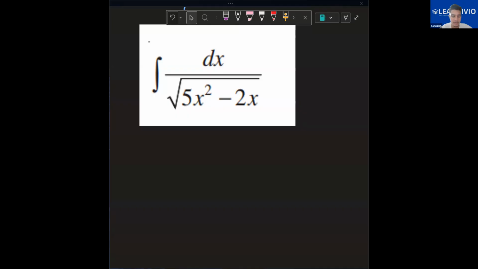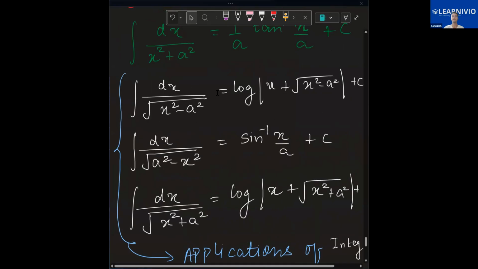This is all done just to get you into the form x square minus a square. Only then can you use the formula that we have learned so far.